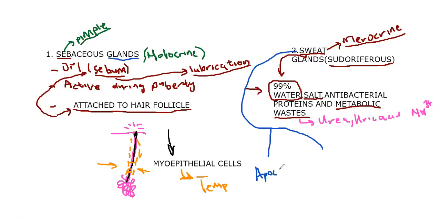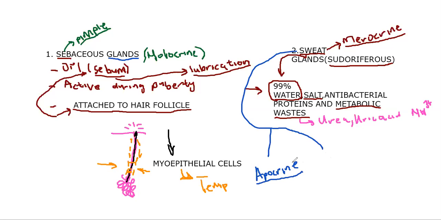These are not the method of secretion. These are the types of sweat glands we have. I know this is the method of secretion, but when you say apocrine sweat glands, it's no longer the method of secretion.